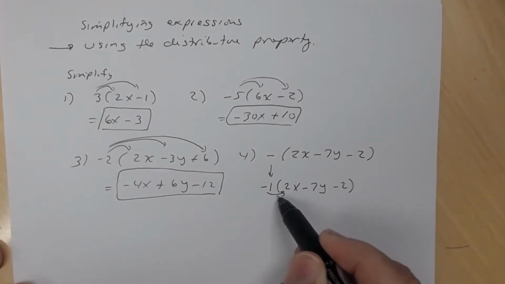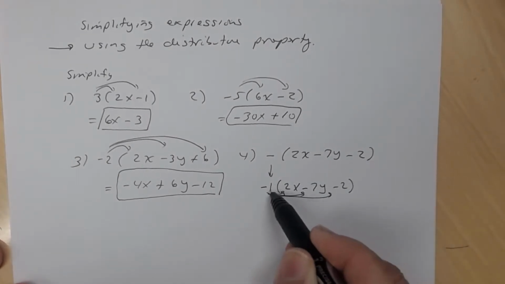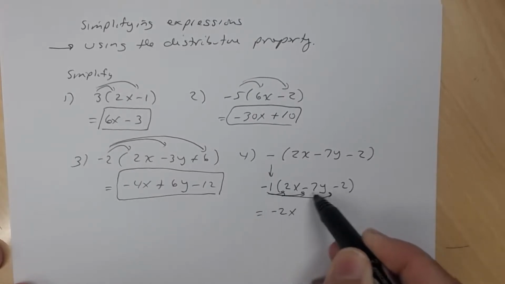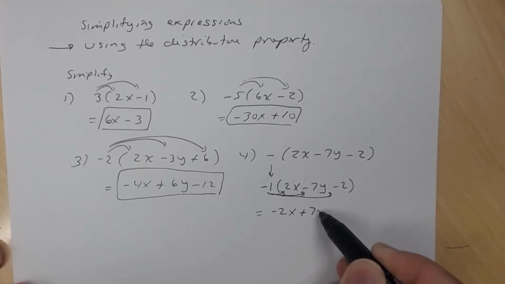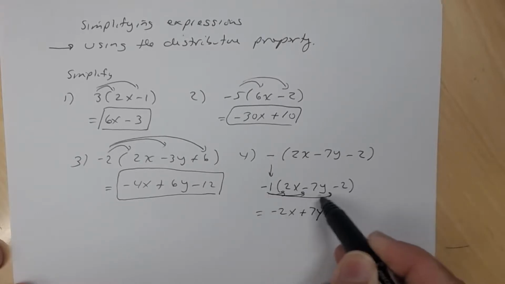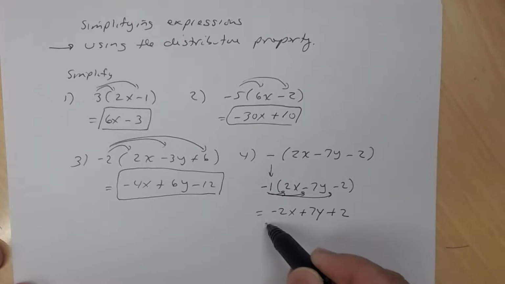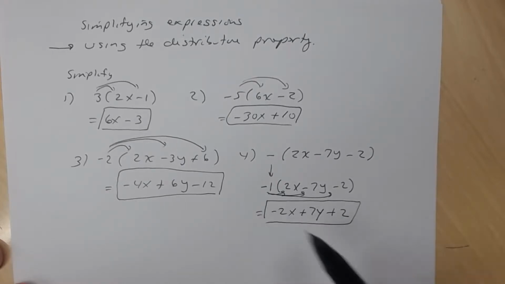Then I can distribute the negative 1 through here. Negative 1 times 2x is a negative 2x. Negative 1 times a negative 7y is a positive 7y. And negative 1 times a negative 2 is a positive 2. Those aren't like terms, so there's your answer.